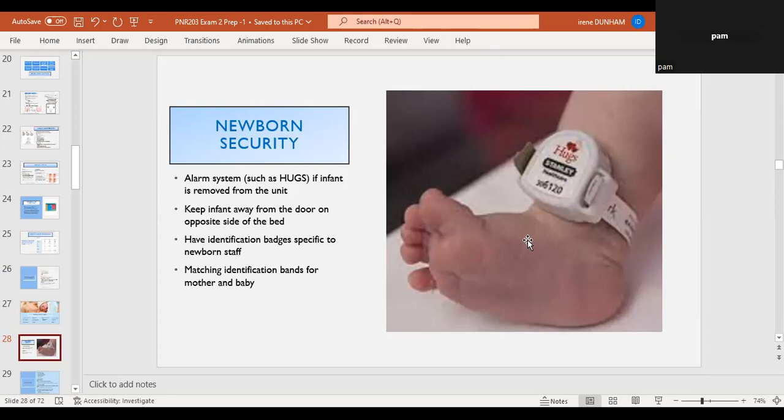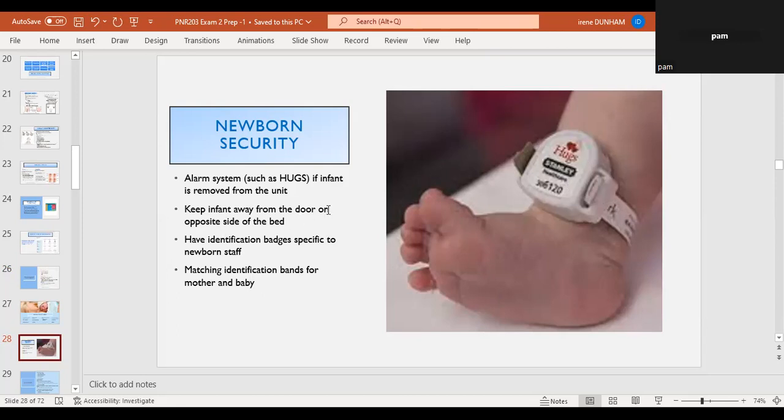So everything matches. So mom gets the same thing. And then the partner or the father gets the other bracelet, whoever mom has decided who can be in the nursery with this baby. So again, we do not let that baby out unless it has the ID bands and they all match. And this really has cut back on a lot of things happening up in the nursery.